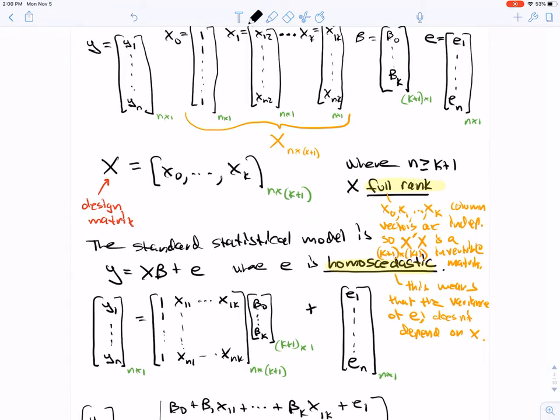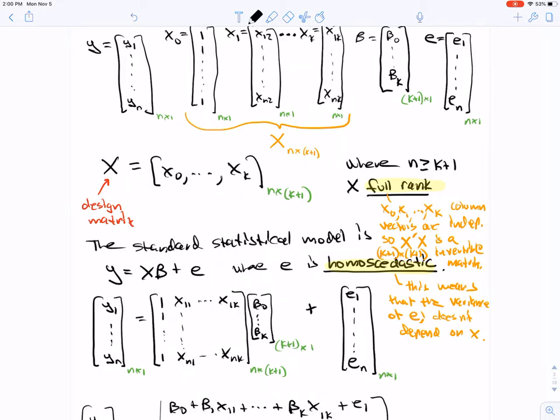X, which is called a design matrix, is an n by k plus 1 matrix consisting of the columns x0 out to xk, where n is greater than or equal to k plus 1. We require X to have full rank, meaning that these vectors x0 to xk are linearly independent, which means that X transpose X is a k plus 1 by k plus 1 invertible matrix.